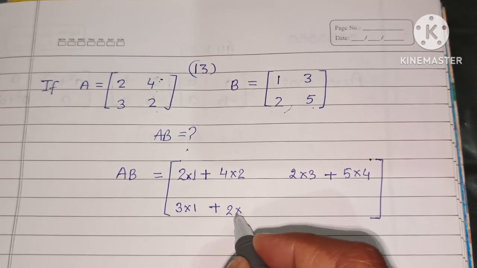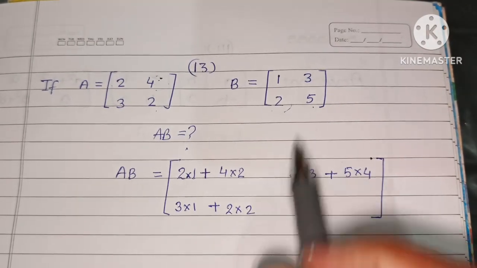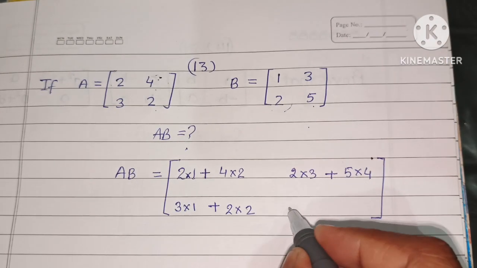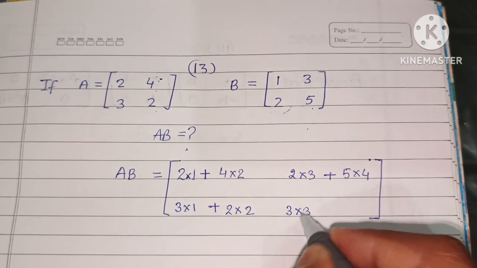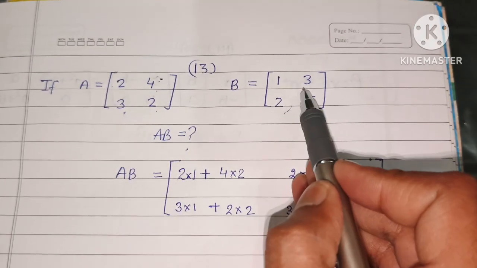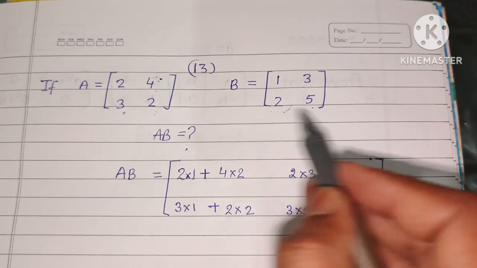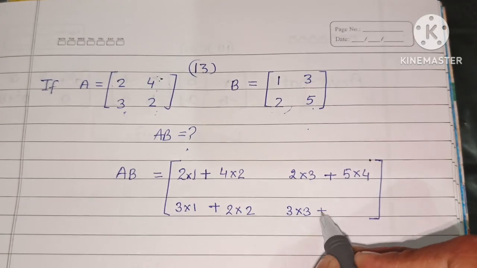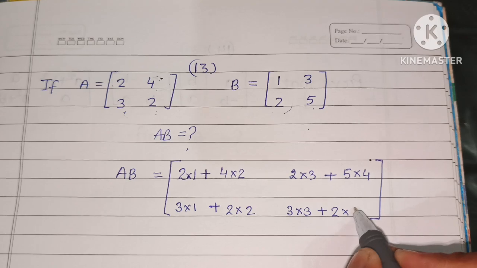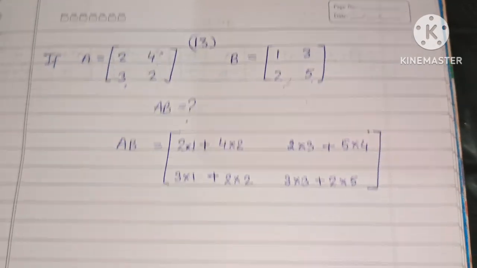Once again, 3 is multiplied by this 3, and 2 is multiplied by 5, plus 2 into 5.